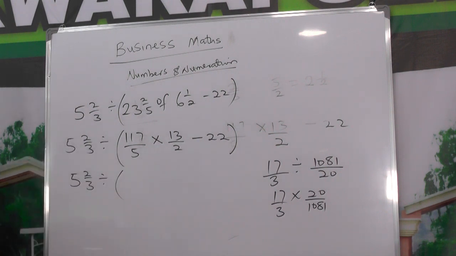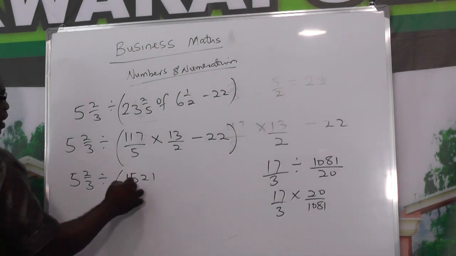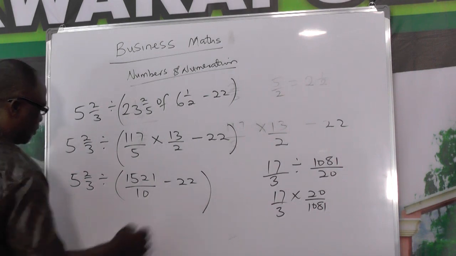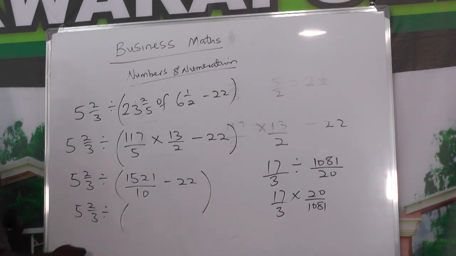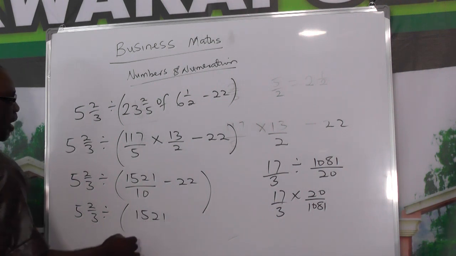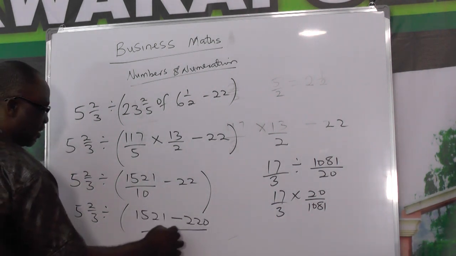We finish with the expression inside the bracket before taking the one outside the bracket. Now, when I multiply, I have 117 over 10 minus 22, of course I can take LCM of that. When I take LCM of that, I have 117 minus 220 over 10.